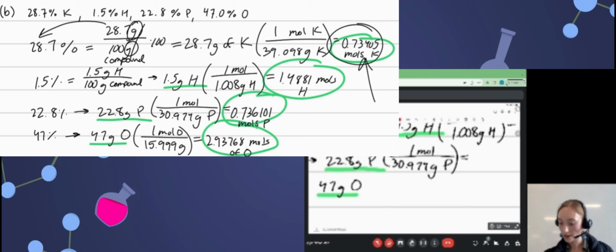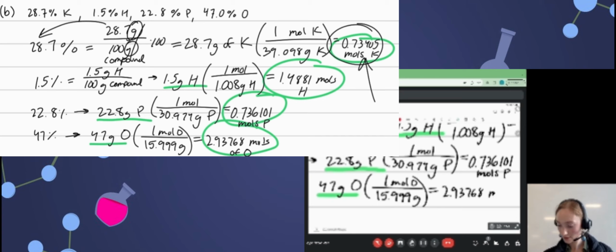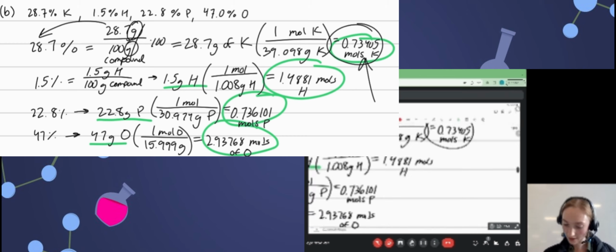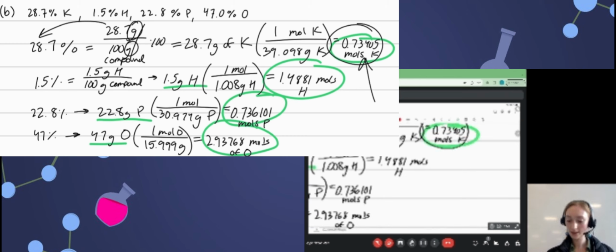And so we will get 0.736101 moles of phosphorus. And similarly with oxygen, let's put down its molar mass of oxygen. So then we will get 2.93768 moles of oxygen. So we have all of these values. We have now moles of potassium, moles of hydrogen, moles of phosphorus, and moles of oxygen.